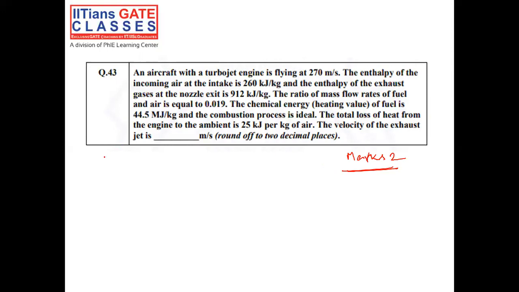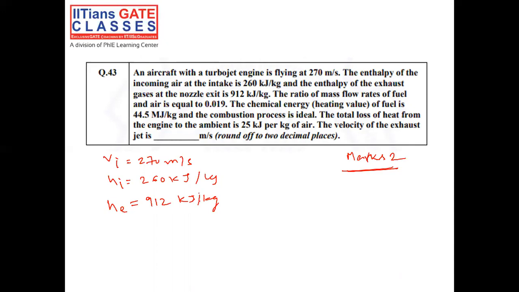The flight velocity has been given as 70 meter per second. The enthalpy of the incoming air, Hi, is 260 kilojoule per kg. The enthalpy of the exhaust gas at the nozzle exit is given as 920 kilojoule per kg.